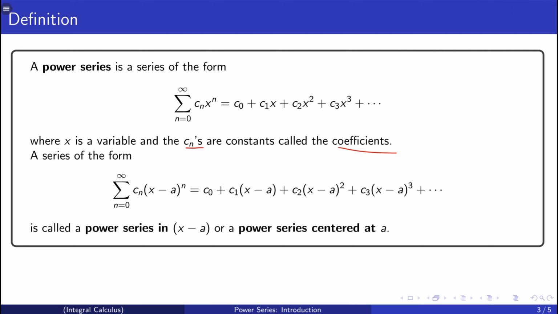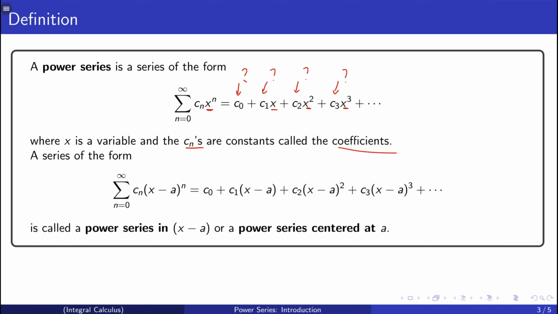And in fact, once you know what the coefficients are of your power series, then you know your power series. That's all you need, because this x to the nth term is always going to be there. What matters in a power series is what my coefficients look like. So in the previous slide, we had c_n equals 1 for all n, and we had that behavior there, convergent for x between -1 and 1.